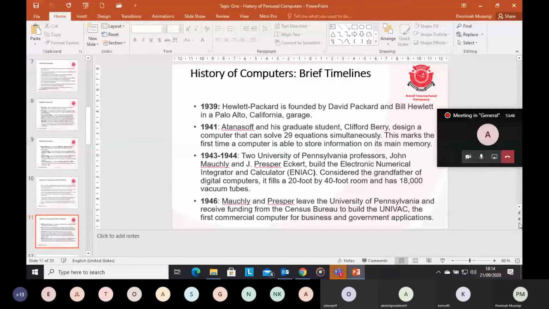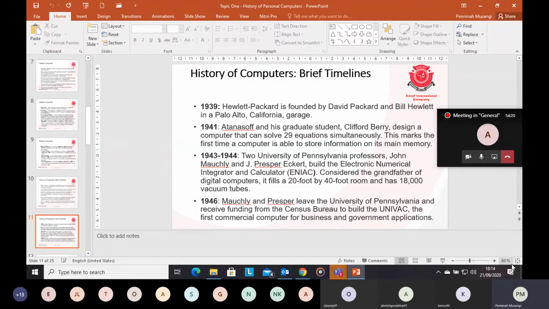So I was at 1943 to 1944. Two university professors of the University of Pennsylvania, John Mauchly and Presper Eckert, built the Electronic Numerical Integrator and Calculator, what was called ENIAC. When you look at most of the literature, they talk about the first computer being ENIAC, and maybe you have heard this from various sources.